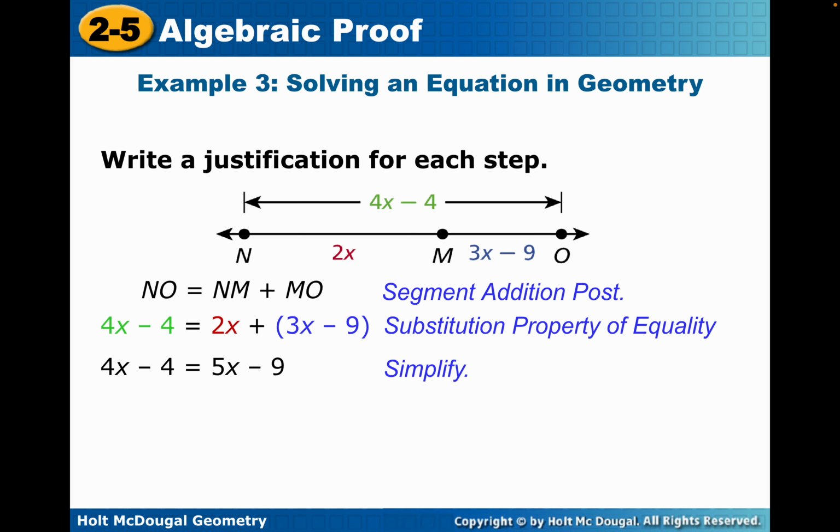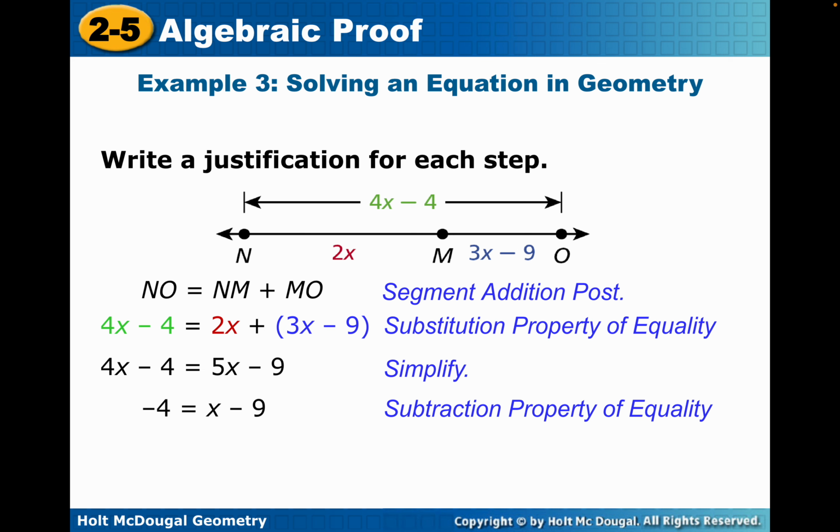Now what can I do next? There's a couple of different ways we can do this, but I'm just going to use the subtraction property and subtract the 4x over. So we subtract that 4x on both sides, and that gives us negative 4 equals x minus 9.